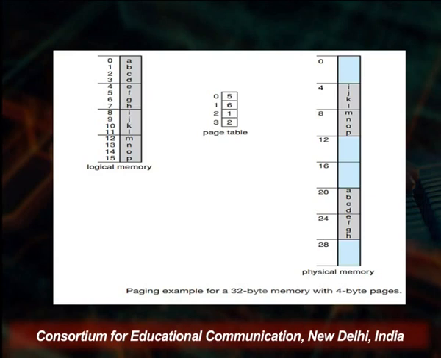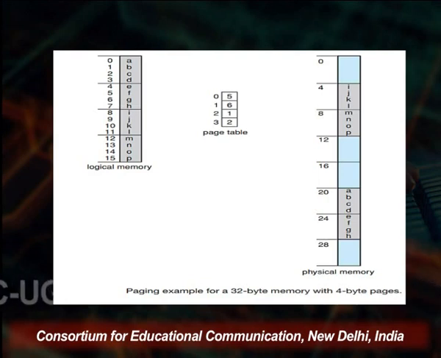So, this kind of mapping is there, and whatever mapping is being generated by the page table, that particular page is going to reside inside the physical memory in that frame. So, as you can see, for page number 0, the frame number has been designated as 5.